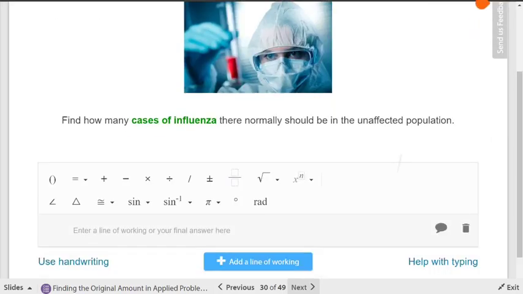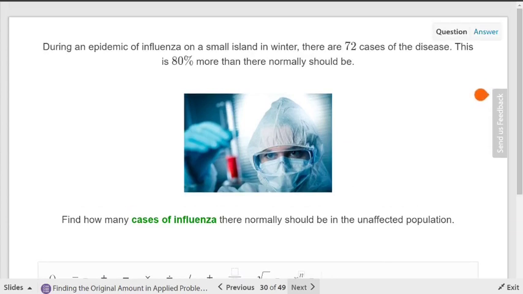There you go. So then there's some where you're doing it. There's 72 cases, 80% more than normal. So that means the original amount was something else. More than, does that mean an increase or decrease? Increase. So what's your multiplier? It's 180%, right?